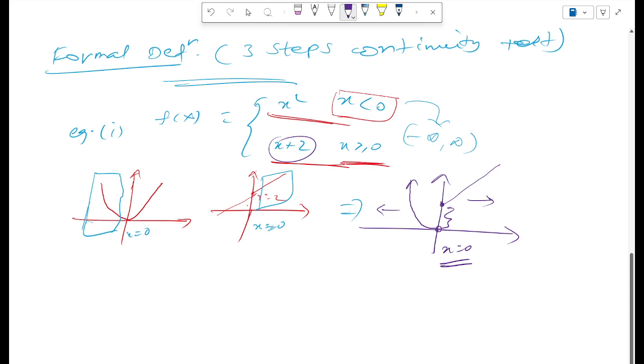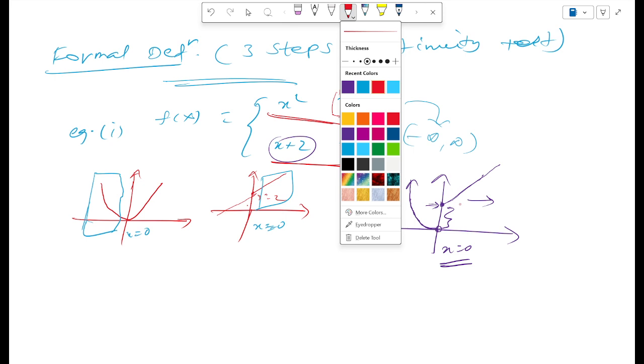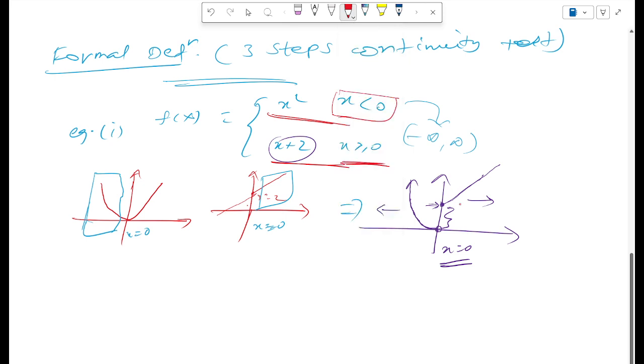If we start drawing from here, then at x equal to 0 we have to lift the pen, move over here, and then start drawing again. So at x equal to 0 there is a jump in the graph, and this function is discontinuous. First, we deduced this by the graph and intuition.